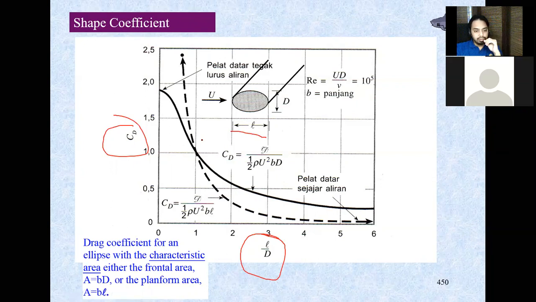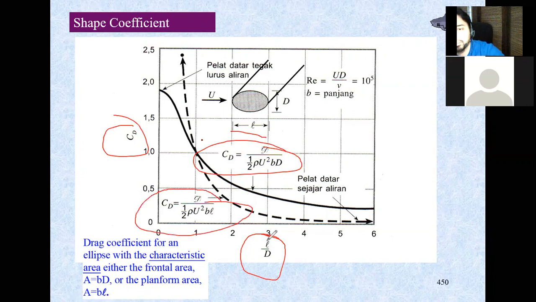And you're going to have a difference between the frontal area and the planform area. This one is if you have B times D over here, and this is B times L over here. B is the length of this. So this is the difference between having the flow like this or like this.